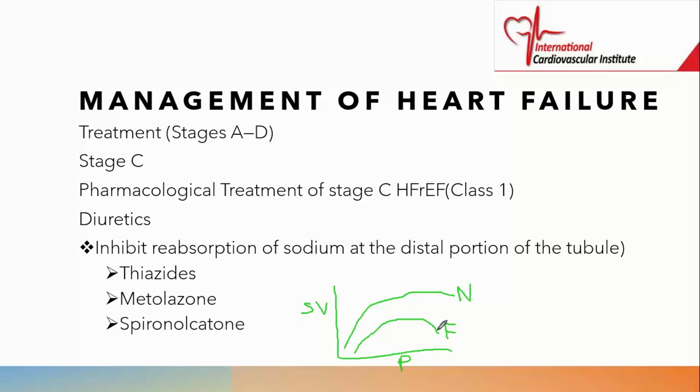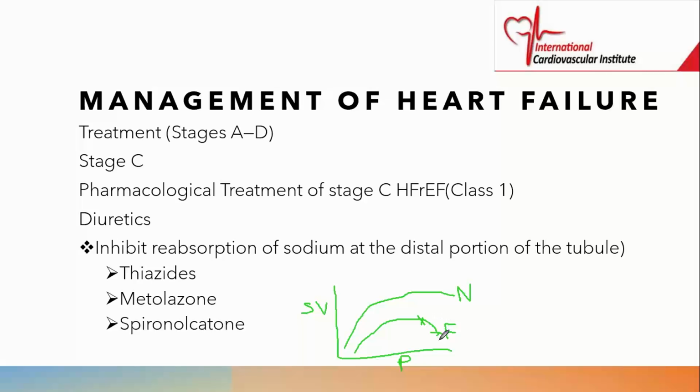So a lot of times when you get your symptomatic patient with a lot of congestion, they're right here, at this point right here. So when you give them diuretics, what you do is bring them to a more favorable point on the curve. So you bring them to someplace like right here.